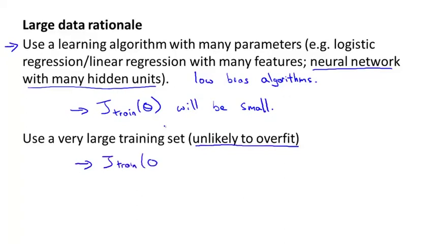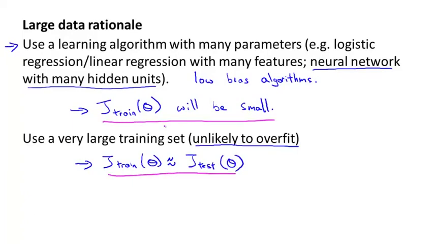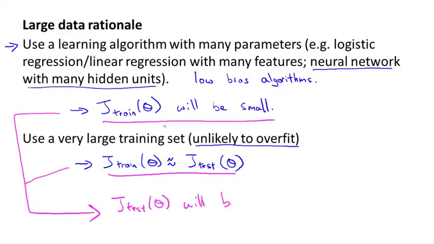By unlikely to overfit, what that means is that the training error will hopefully be close to the test error. Finally, putting these two together, if the training set error is small and the test set error is close to the training error, then hopefully the test set error will also be small.